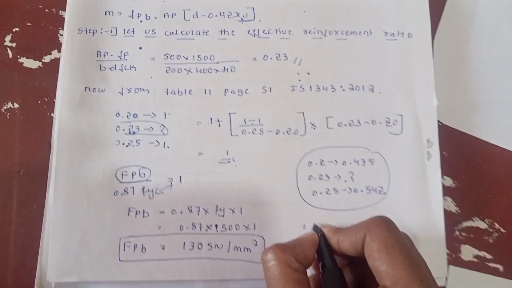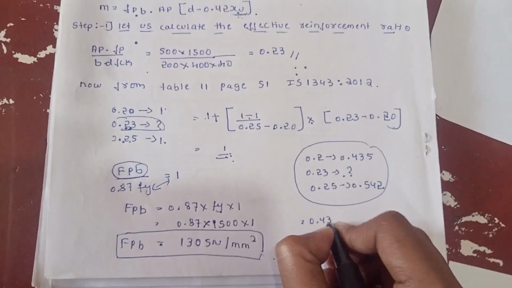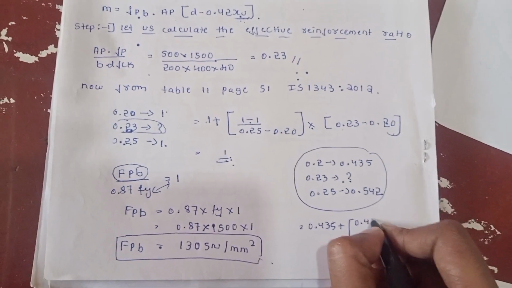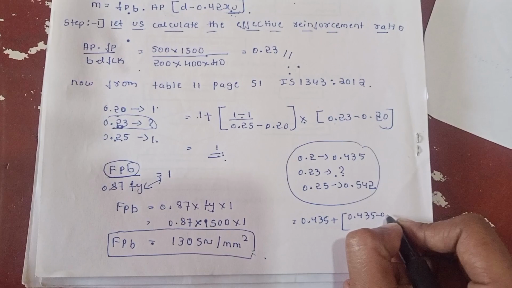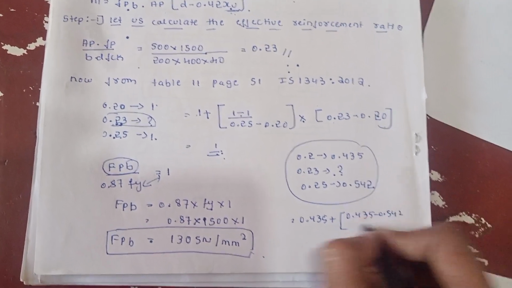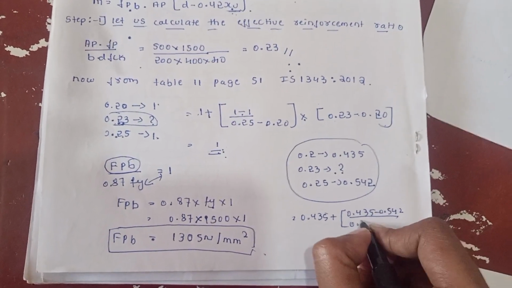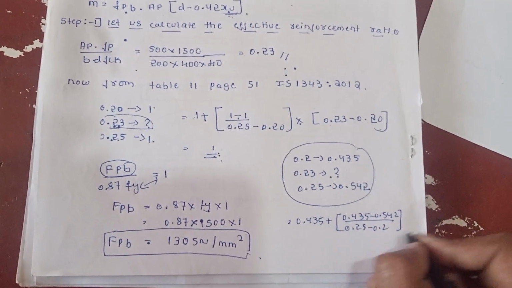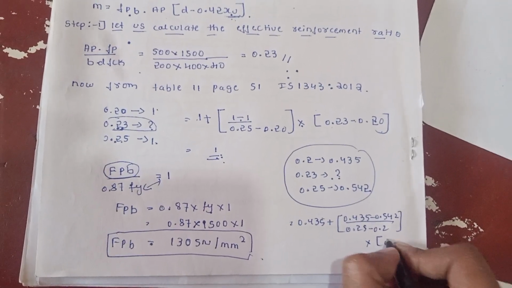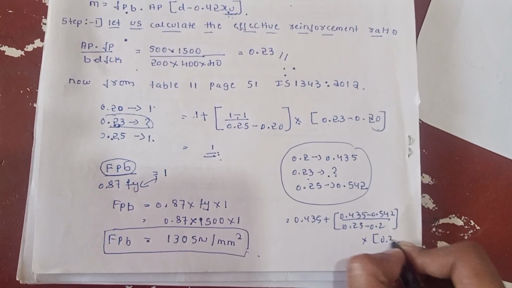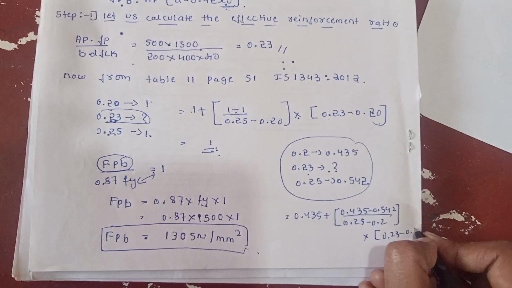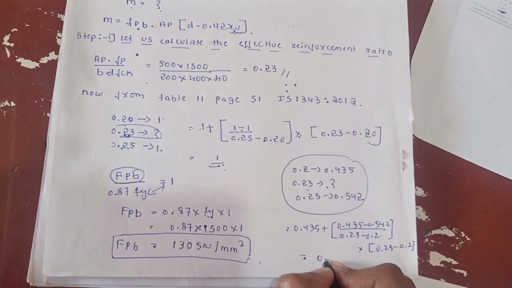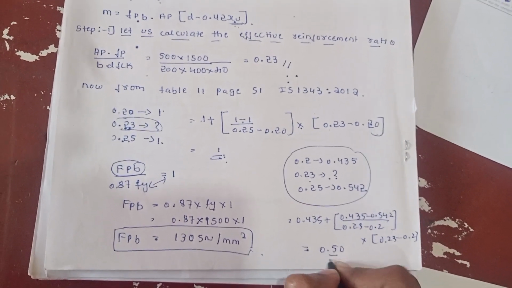With the help of interpolation we find the 0.23 value. Therefore 0.435 plus bracket open 0.542 minus 0.435 divided by 0.25 minus 0.20, bracket into 0.23 minus 0.20. We got the answer as 0.50.